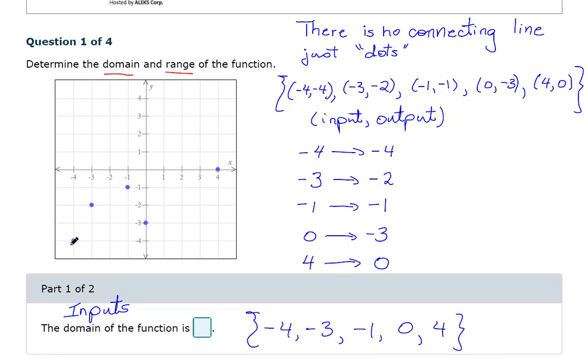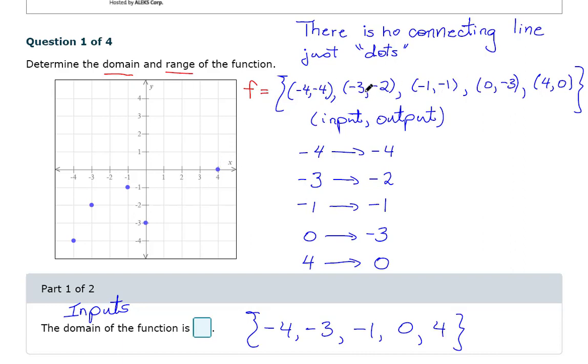Well, first off, there are no connecting lines at all, just the dots. So what that means is that my function, we'll call it f, is simply just a collection of ordered pairs. (-4, -4), (-3, -2), (-1, -1), (0, -3), and (4, 0).